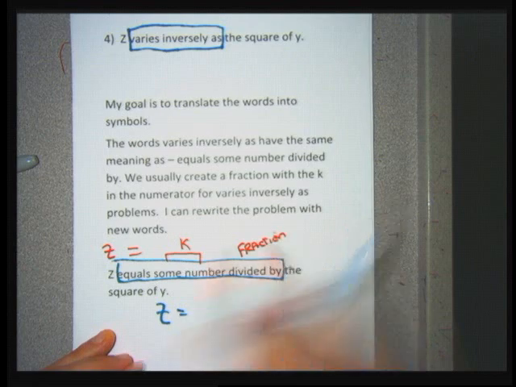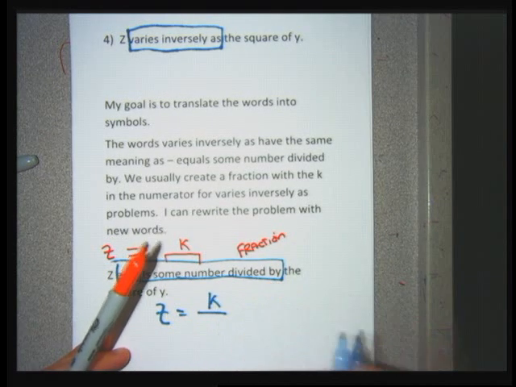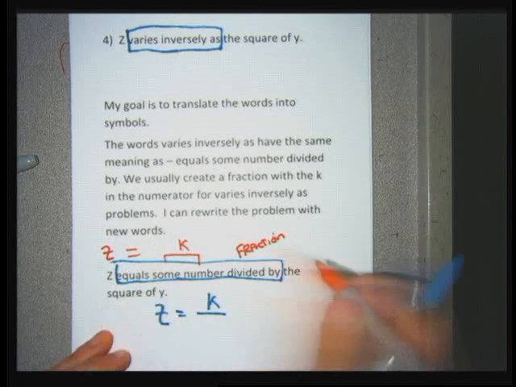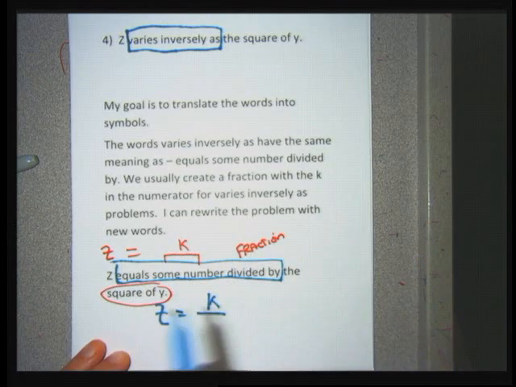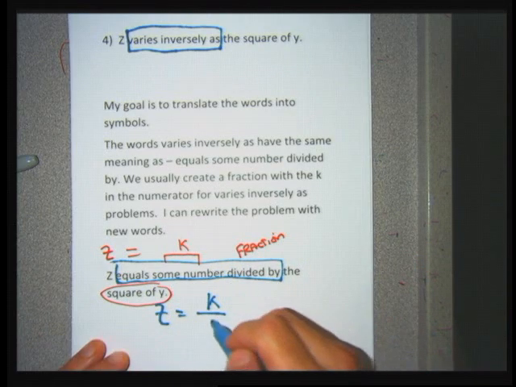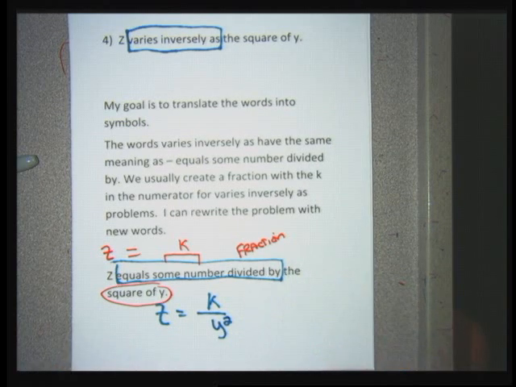Because the k is to the left of the divided by, it goes in the numerator of the fraction. And then after the divided by, I see the square of y. That's going to go in the denominator because it's after the words that imply fraction. And I get an exponent as opposed to a radical sign. I don't see the word root, so I get an exponent of 2 because a square implies an exponent of 2. And that's all there is to do for number 4.